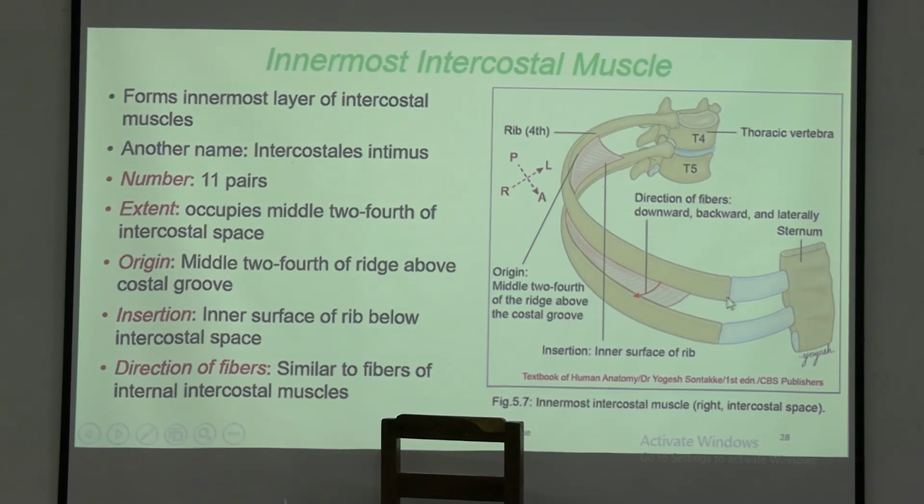So the anterior part of the space and the posterior part of the space are vacant. That means this muscle is confined only to the lateral 1/3 of the intercostal space.